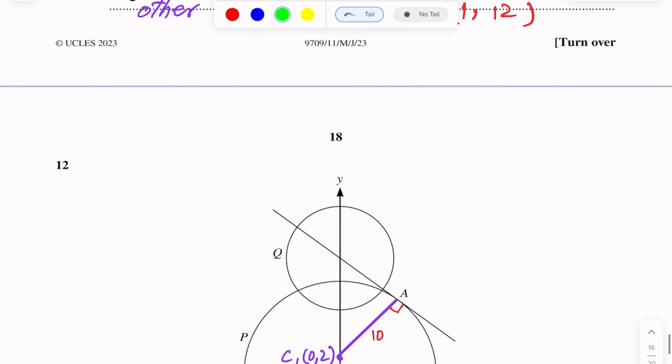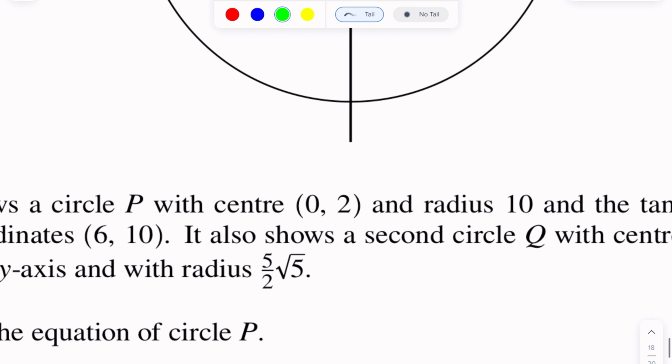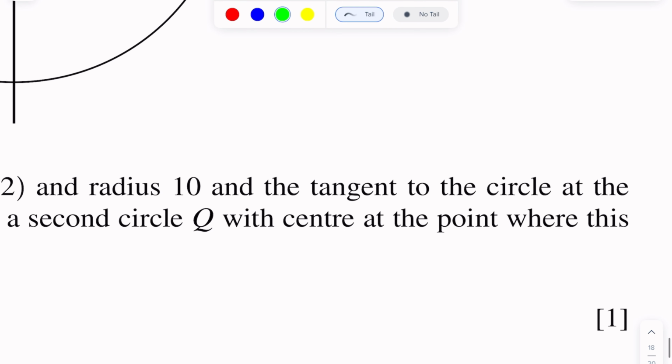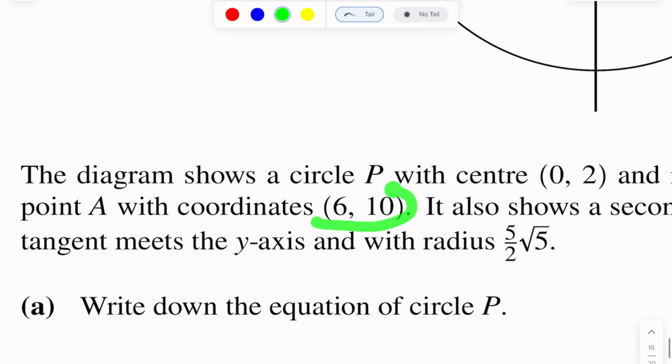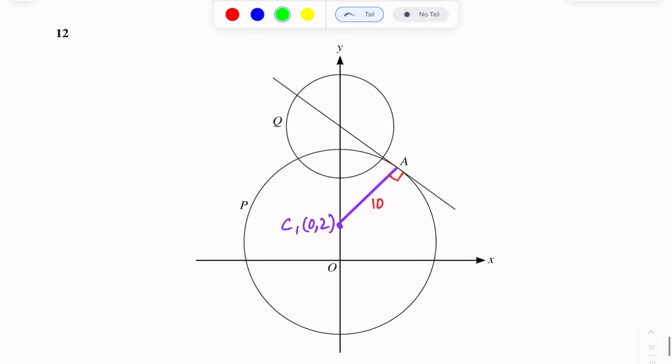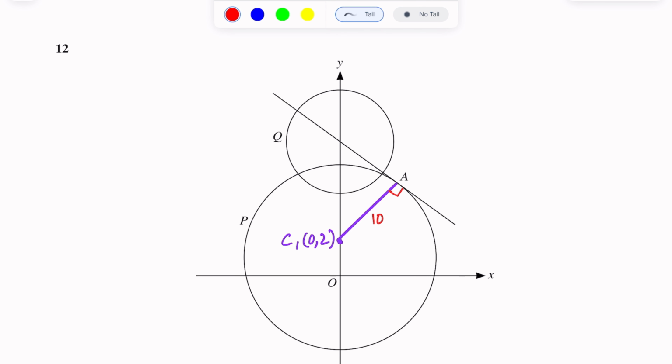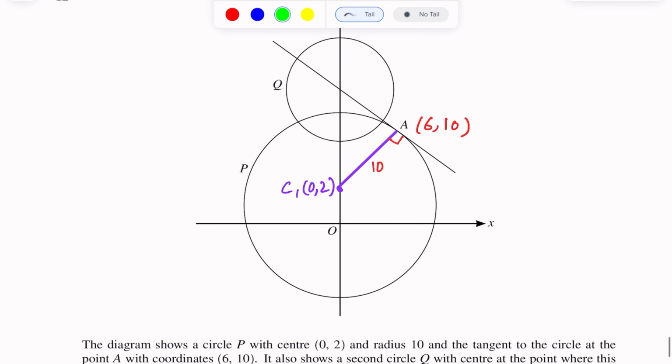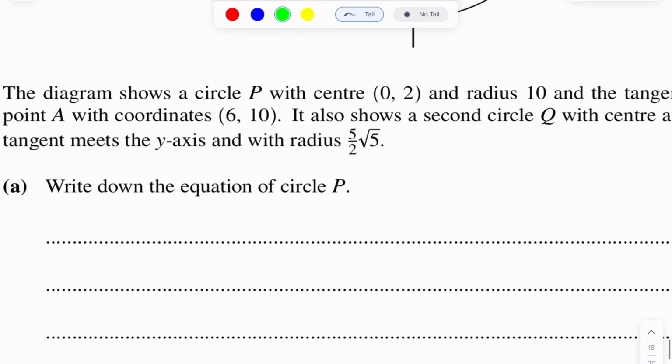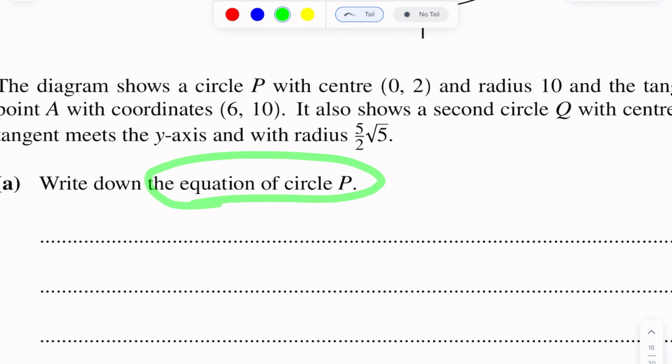So the coordinates of this point A are also given. 6, 10, coordinates of point A. Now we have the center of the circle and the radius is also given. Now we can write the equation of circle P.